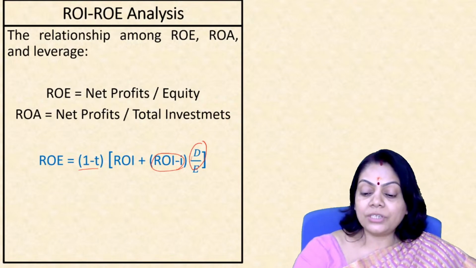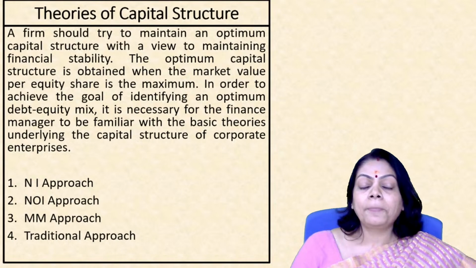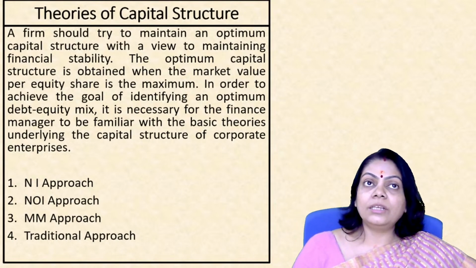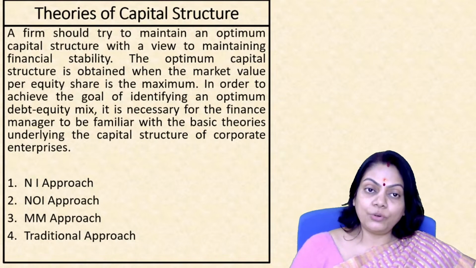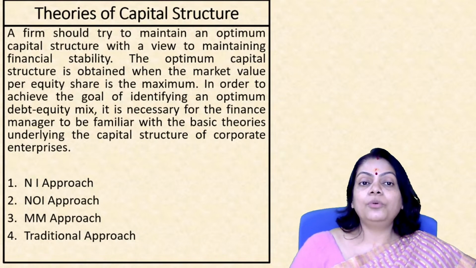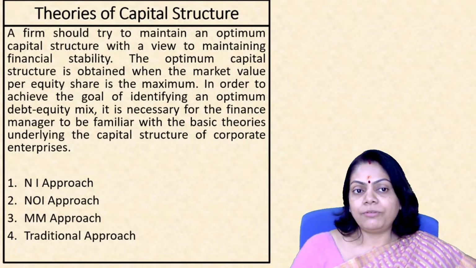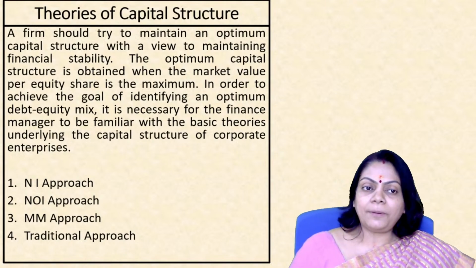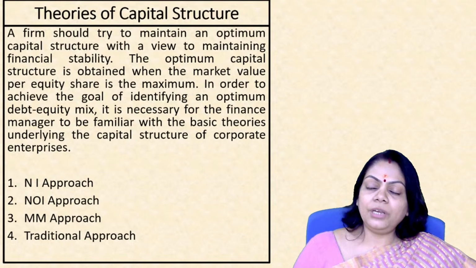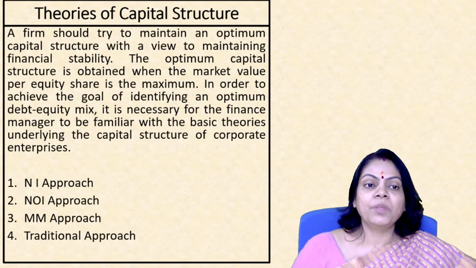Now, having discussed this part of the financial leverage, I told you in the beginning that regarding this cost and risk part, we'll be talking about several theories that have been developed to discuss the capital structure. Some people believe that there is an optimum capital structure, and every firm should have an optimum capital structure to maintain financial stability.